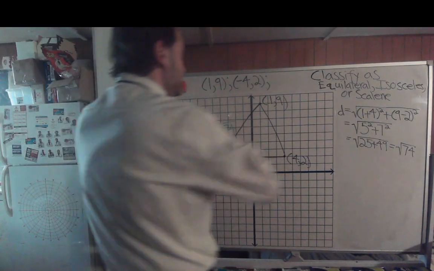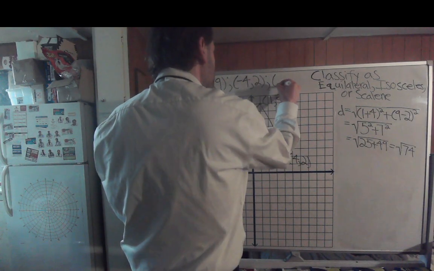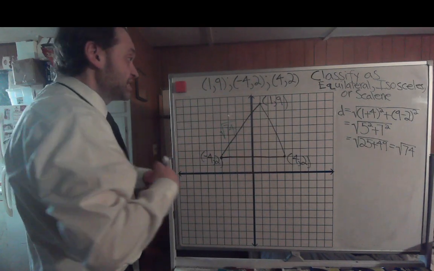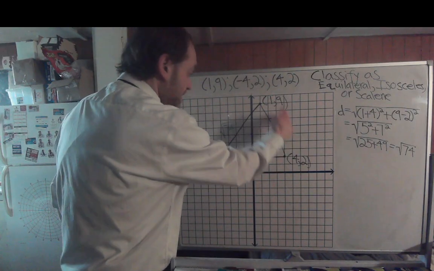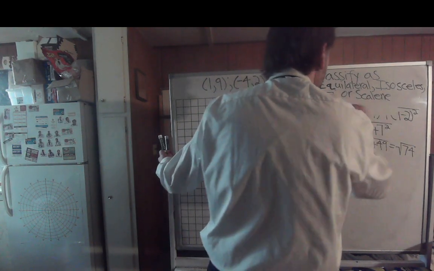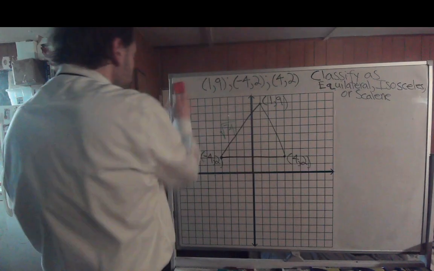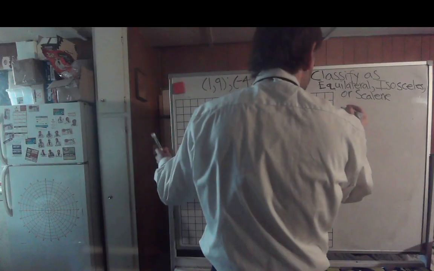Oh yeah, let me write the other third point up top here so I have it to reference. Alright. Now let's find the length between 1, 9 and positive 4, 2.